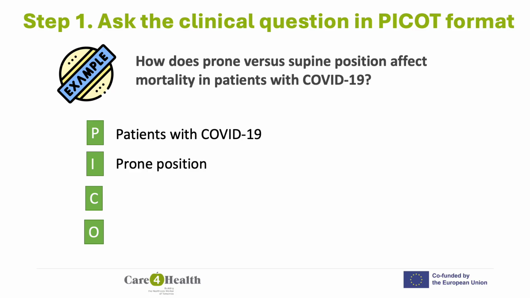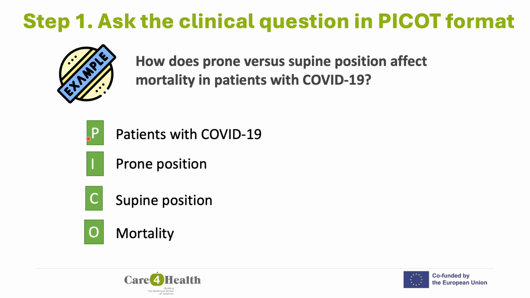And what is the comparison element? Okay, this is supine position. So in patients with COVID-19, we want to know if prone position compared with supine position, and now we are going to discover the last element, the outcome. In this case, we are interested in knowing the effect on mortality.